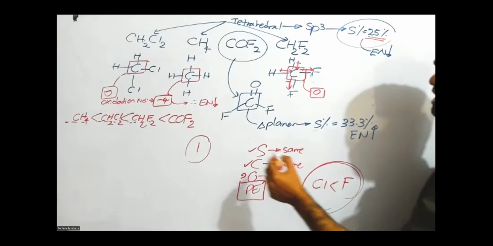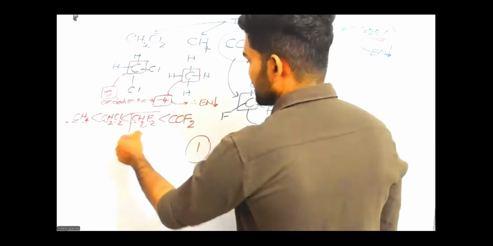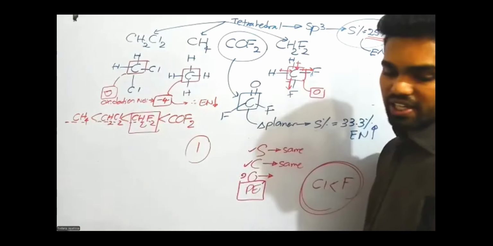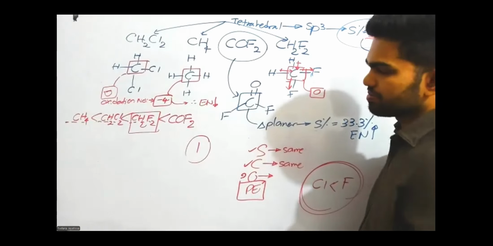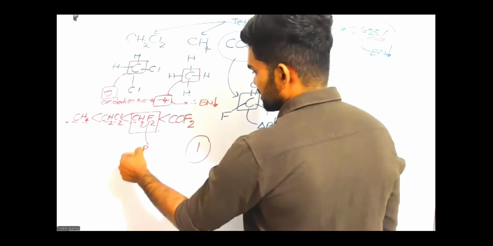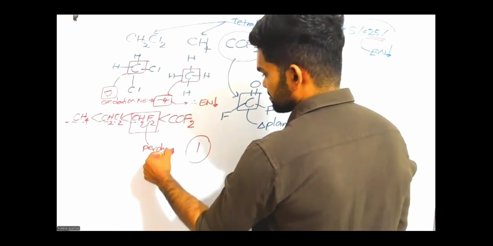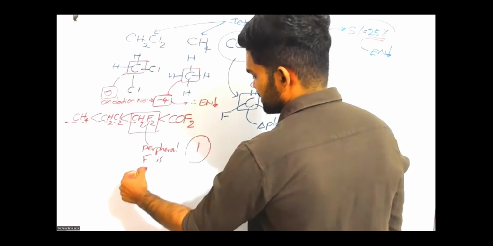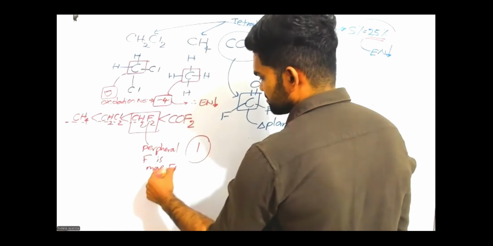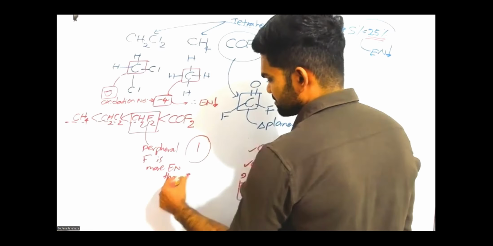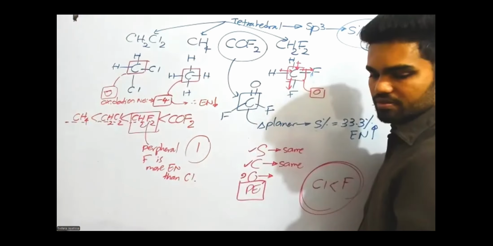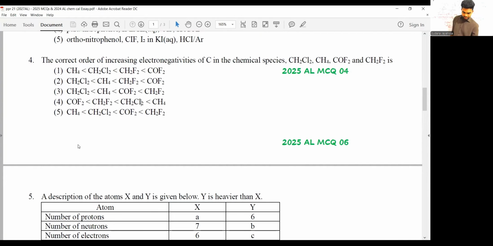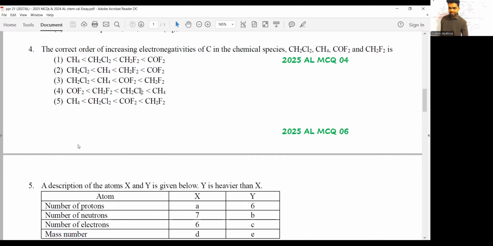Understood? Therefore CH2F2 has a higher electronegativity than CH2Cl2, because peripheral atom F is more electronegative than Cl. Sorry, fourth question, the first one is the answer.